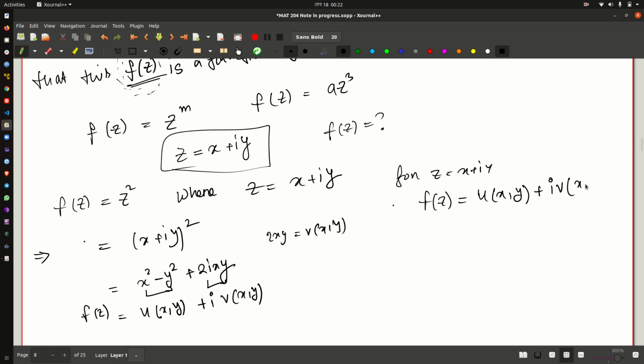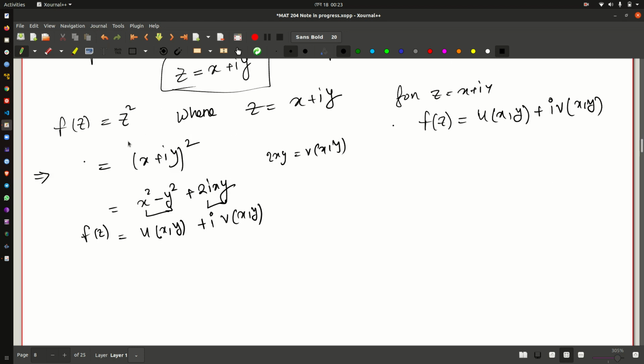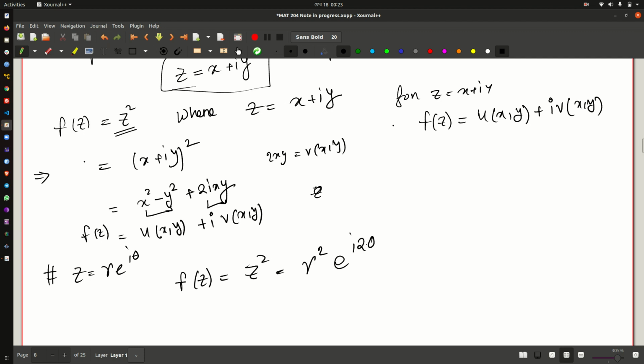Okay, what about r and theta? What if you do r and theta, right? Let's try to take this example as well. So now let's see what happens in the polar format. You have f of z is equal to z squared, which is r squared e to the power i 2 theta. Now you can expand this e to the power i theta in terms of sines and cosines.